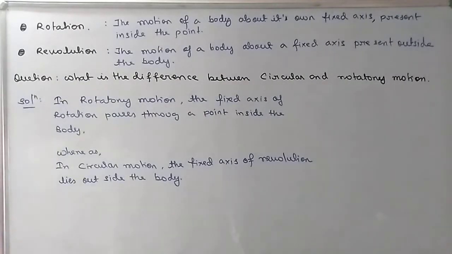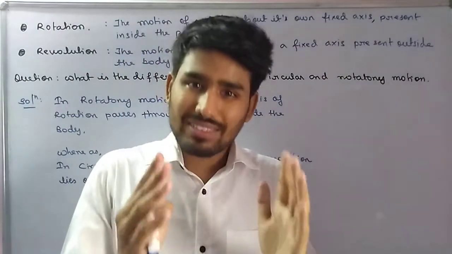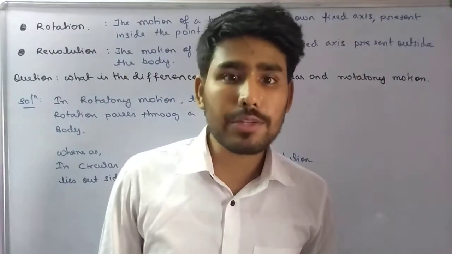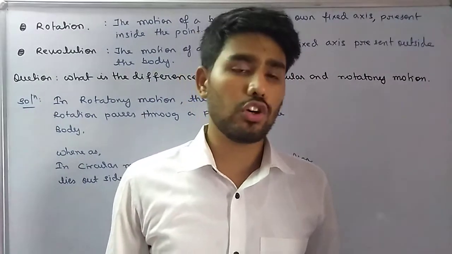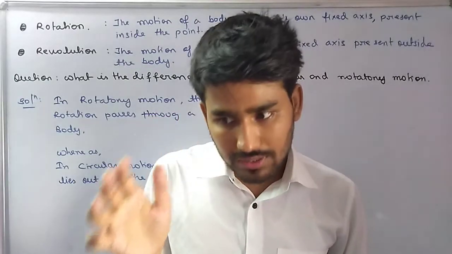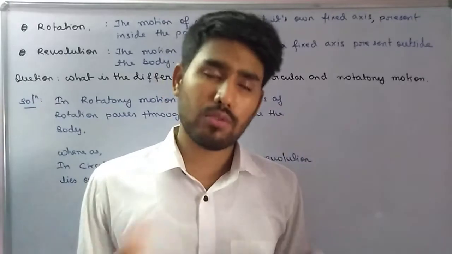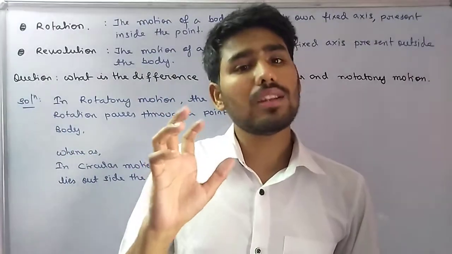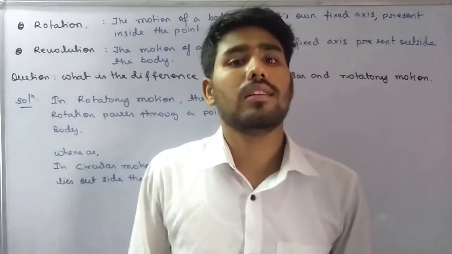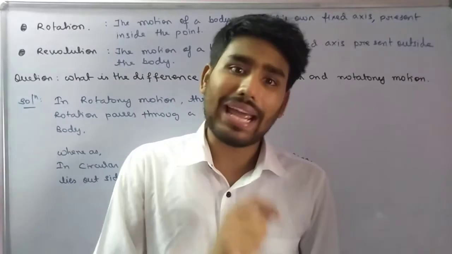Now I just want to know whether you all understand the difference between rotation and revolution or not. What is the meaning of rotation and revolution? If you know, it's good. If you don't know, just try to understand. By the word rotation, we mean the movement of the body about its own axis.